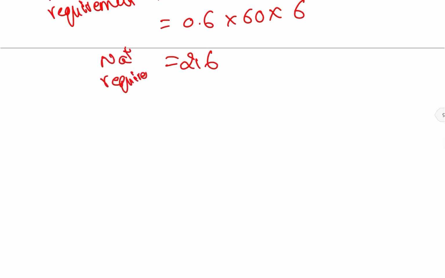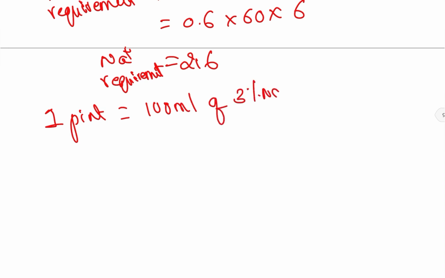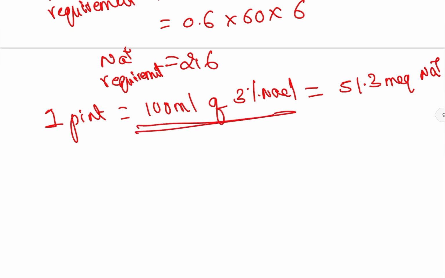Now, 1 pint, which is equal to 100 ml, of 3% NaCl is equal to 51.3 millimoles of sodium. The concentration written is that 1 liter of 3% NaCl contains 513, so 100 ml of 3% NaCl will contain 51. Our target is 216 millimoles per day, and 1 pint will give just 51.